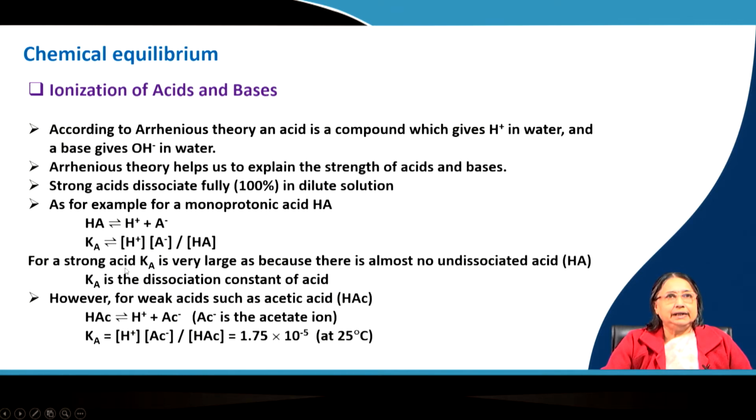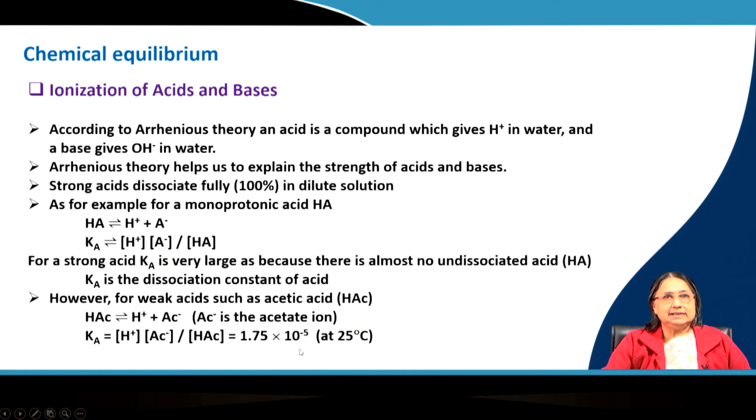And in case of weak acids, say for example acetic acid, we all know that acetic acid is a very weak acid. In that case, HAc decomposes into H plus ion plus acetate ion, and we can write Ka as H plus ion concentration into Ac minus ion concentration divided by HAc, and we can see that the value is very low.